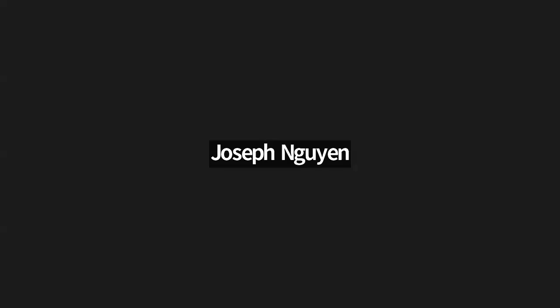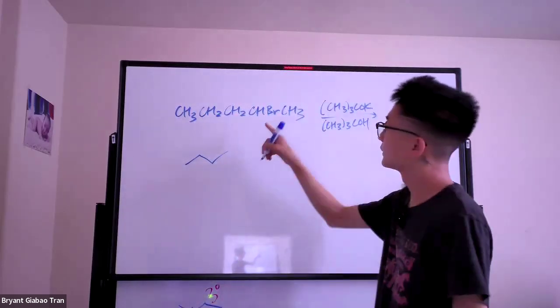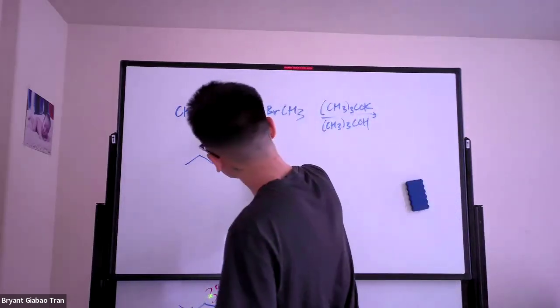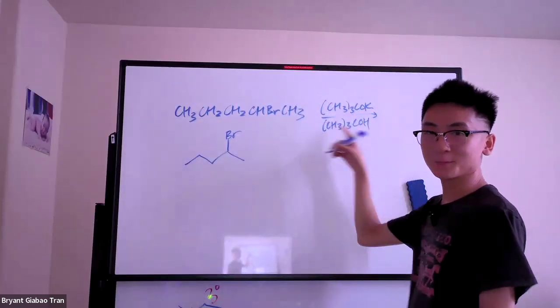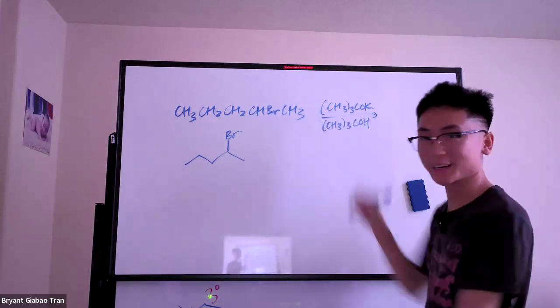Draw a linear 4 chain of carbon. And then add a bromine. And then add a methyl on the other side of the bromine. And what does this look like in bond line form, this reagent here?